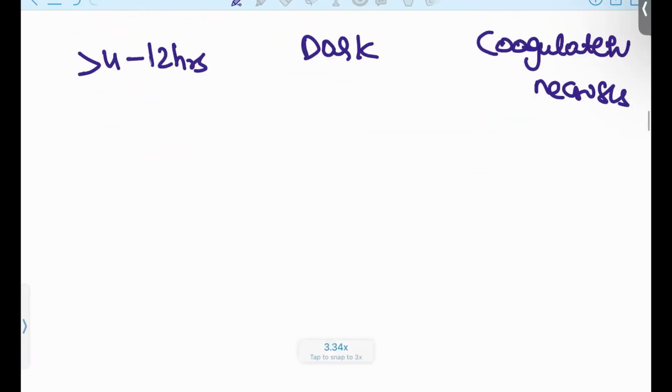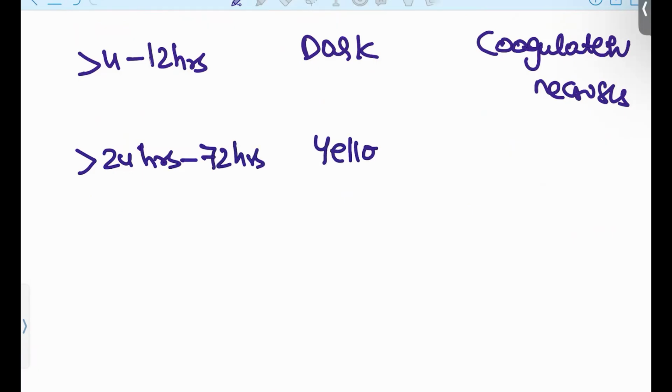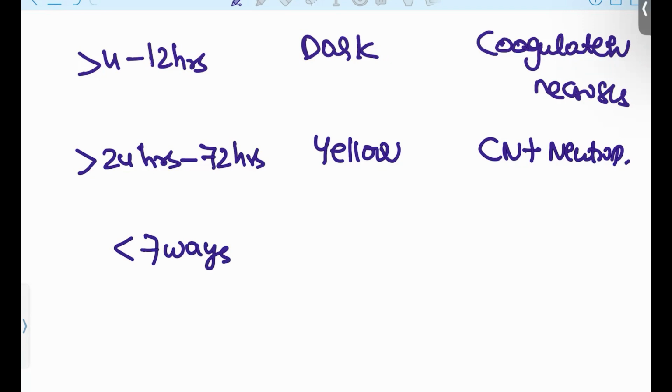And after 24 hours, up to 72 hours, there will be yellow pigmentation. And this is due to what? Coagulative necrosis, along with that neutrophils have already come into the site. This is the reason they will have the yellowish discoloration. And at less than 7 days, these patients have a high chance of rupture, due to macrophages being at the site.